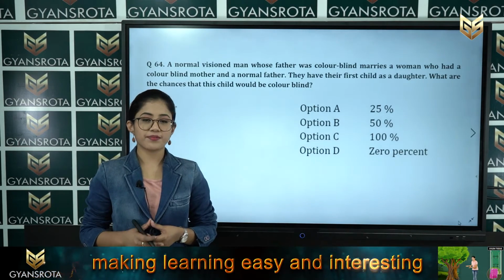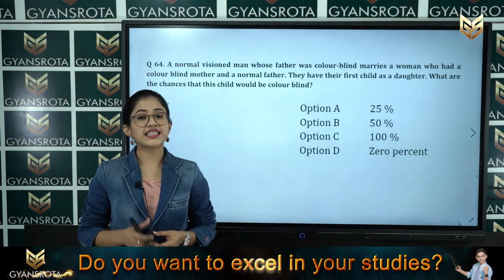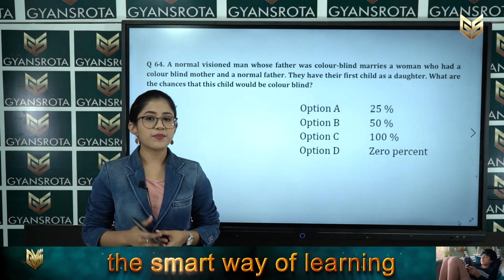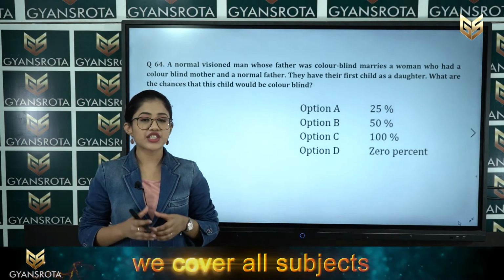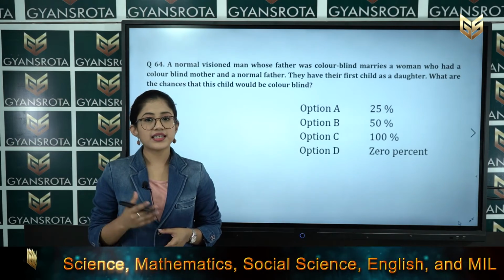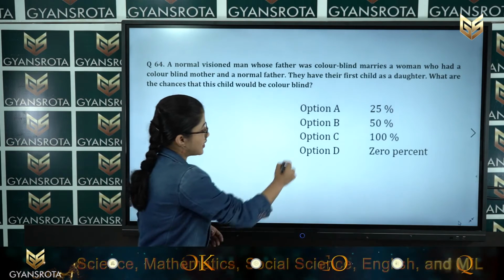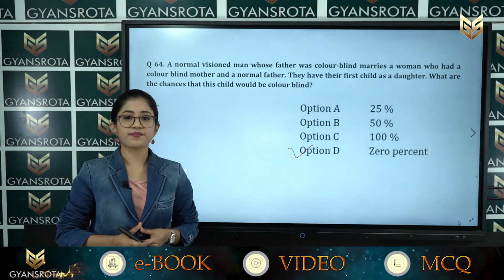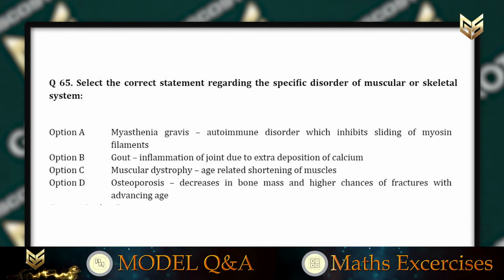Student, this is from the chapter Principles of Inheritance and Variation. We know that colorblind is a recessive disorder present on X chromosome. So, the probability of the female child being colorblind is 0%, which is given in option number D. So, 0% is the correct answer of this question. Now, let us see the next question, that is question number 65.